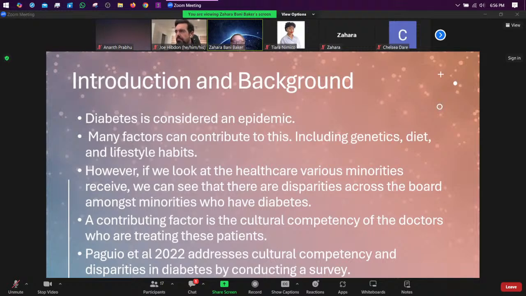However, one key issue contributing to these disparities is the lack of cultural competency among healthcare providers. Cultural competency refers to the ability of a healthcare provider to understand, communicate with, and effectively interact with patients from diverse cultural backgrounds. Research has shown that when providers are culturally competent, it can lead to better patient outcomes, especially in chronic conditions like diabetes.